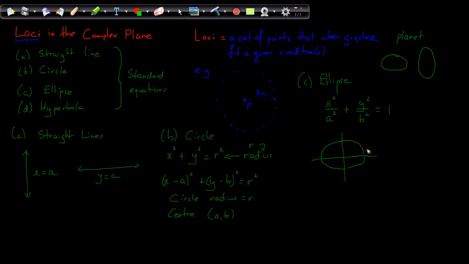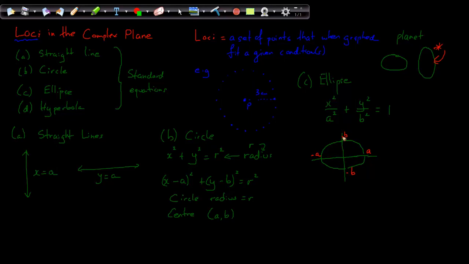Well, we're going to see that this distance across here is going to be a, and this distance here is going to be b. And it doesn't matter if b is bigger than a, then that will simply mean you've got this sort of orientation right here.